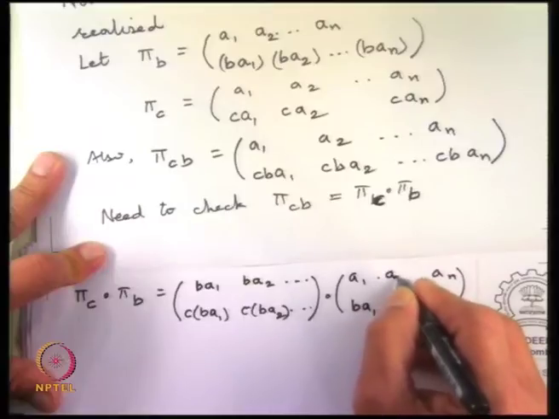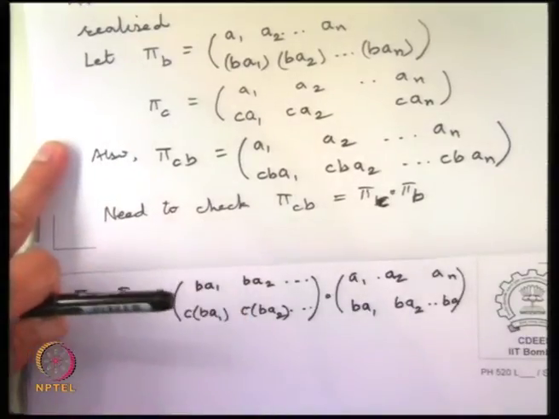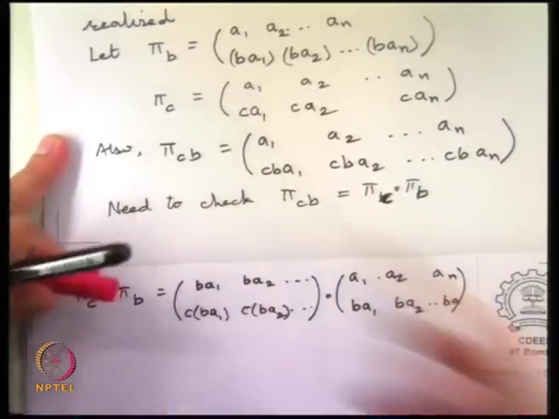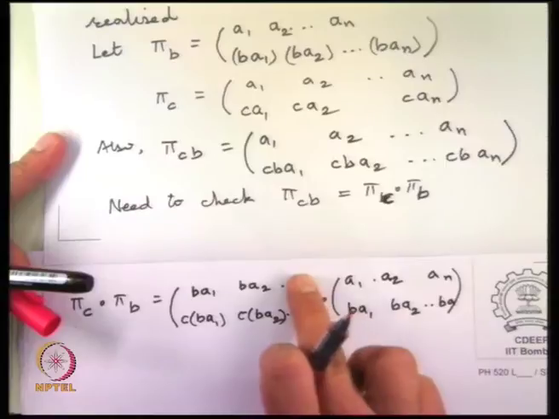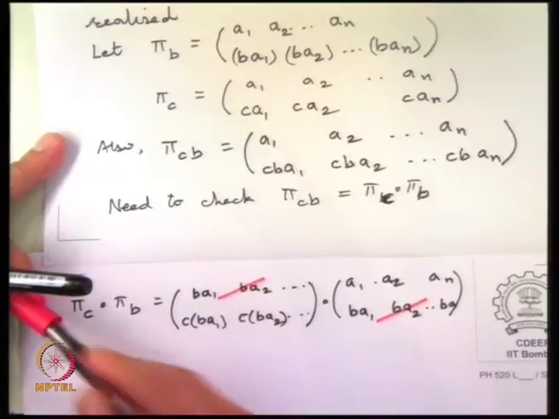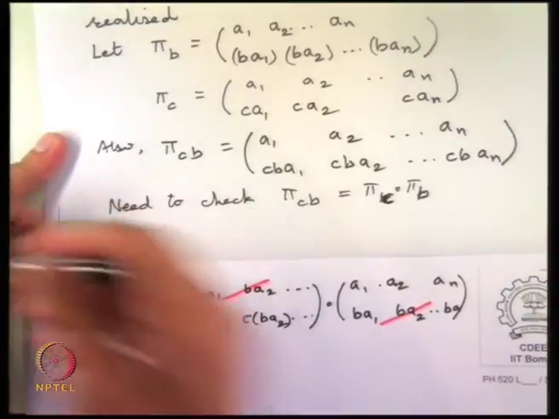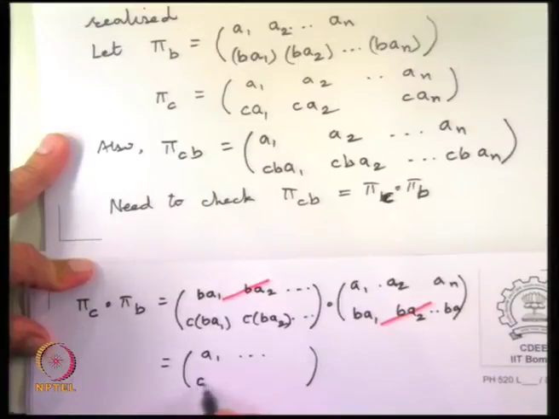Now remember the rule we had made, that if you can rearrange things like this, where the bottom row of the right element is the same as the top row of the left element, we can, quote, cancel these two like we would like to do in high school, and so it reproduces A1 to An times C B A1, and now because of associativity, C on BA1 is the same as CB on A1, etc. Right.